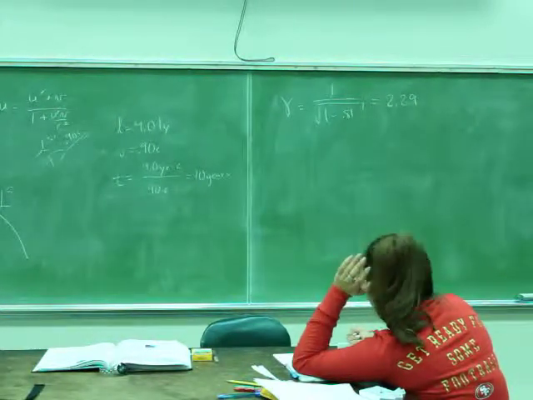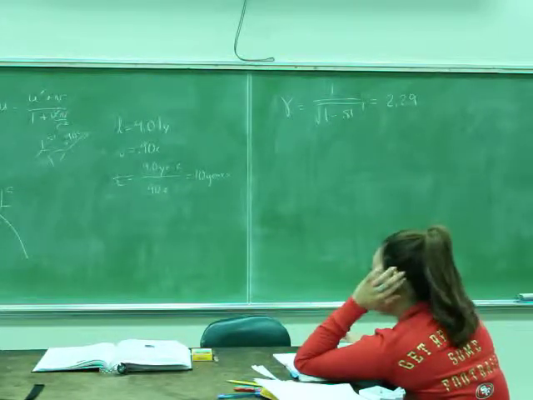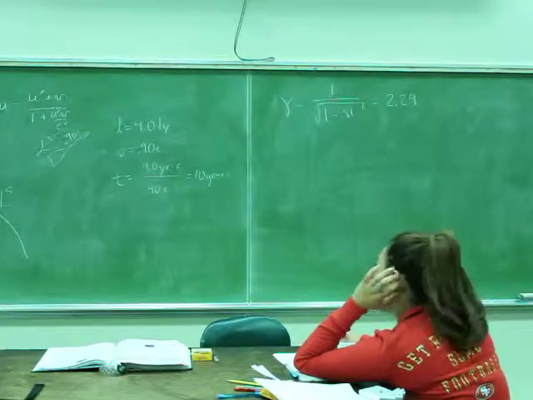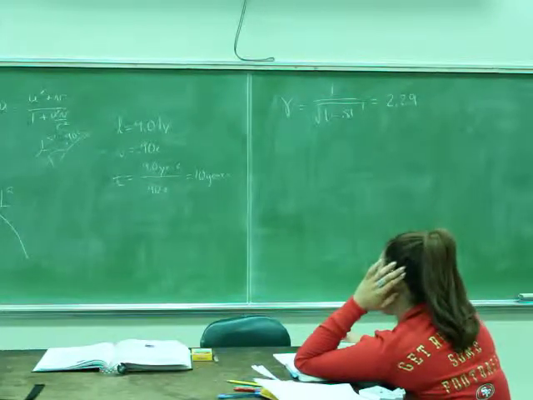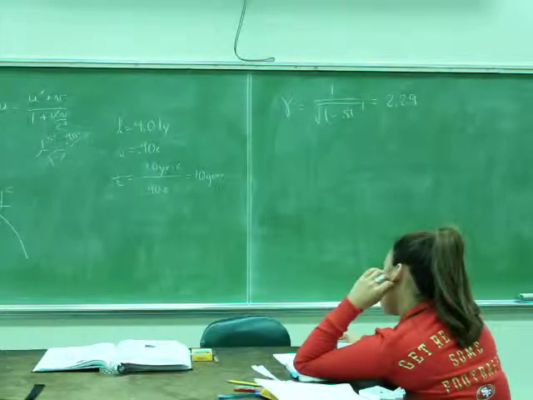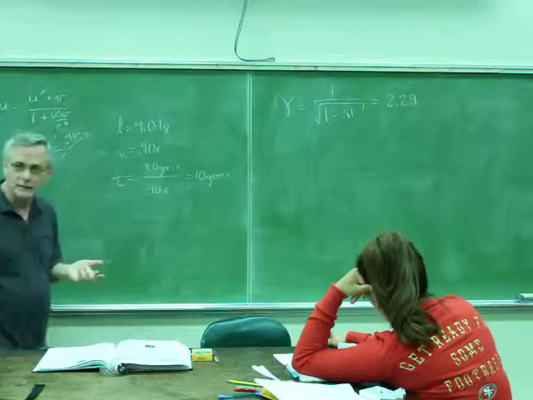I don't know if it's the right number, but what's something that it must be? Greater than 1, and it is. So at least that seems like a reasonable number. If I got 0.29, I'd have realized I made a mistake. But the fact that it's bigger than 1 gives me at least a little bit of hope that I haven't made as many possible mistakes as I could have.